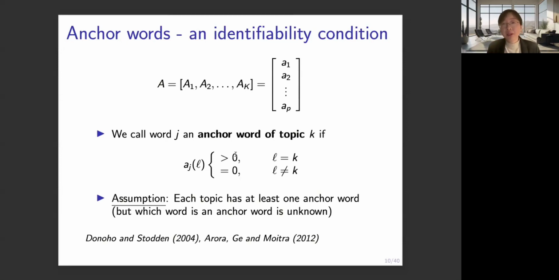For example, if the topic is Bayes, then prior can be an anchor word for the Bayes topic, and lasso can be an anchor word for the high dimensional statistics topic. We assume that there exists at least one anchor word for each topic, so that each topic is identifiable. And we don't need to know which words are anchor words. We just need the existence of anchor words.